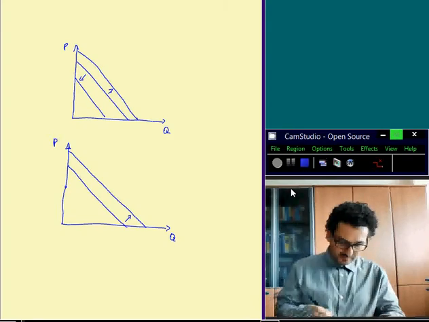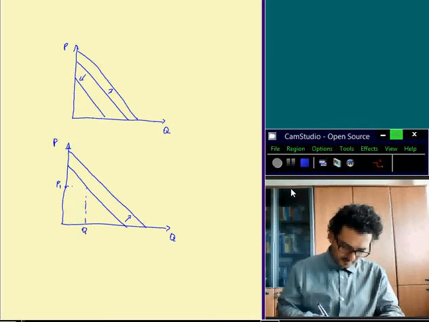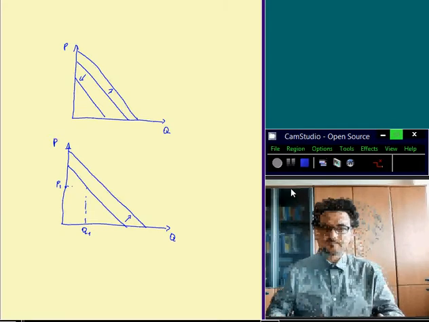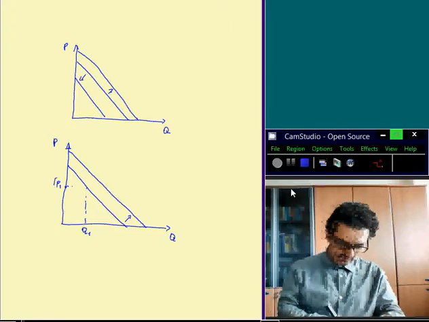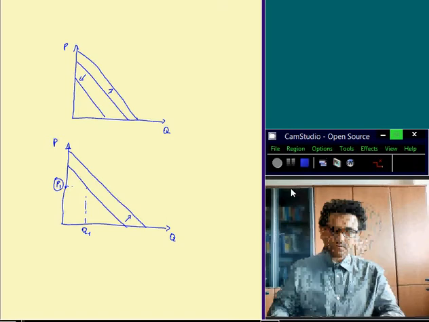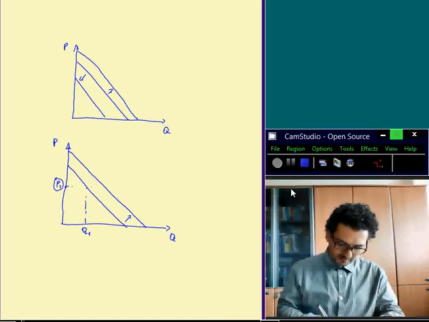If we take this level of price for coffee, in the original situation the demanded quantity was equal to Q1, but after the increase in the price of tea, at this level of price for coffee P1, the demanded quantity will be higher and will be equal to a different value, which is Q2.